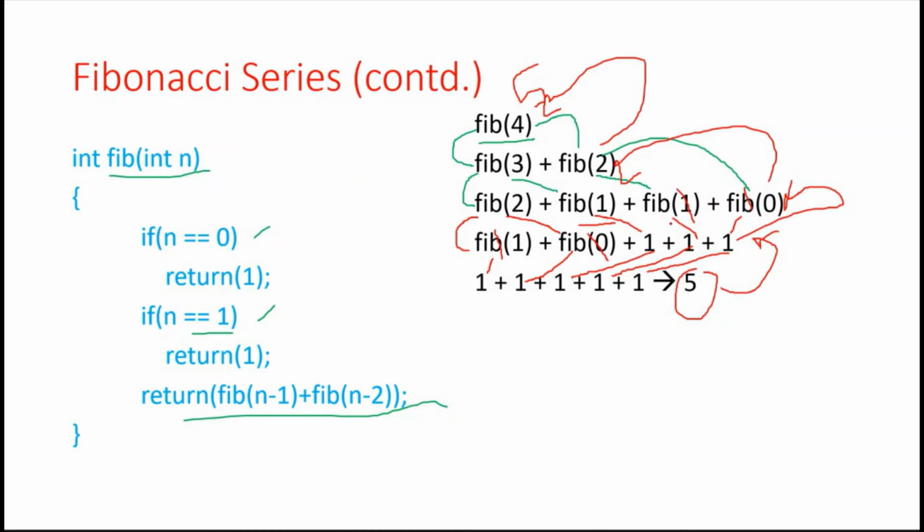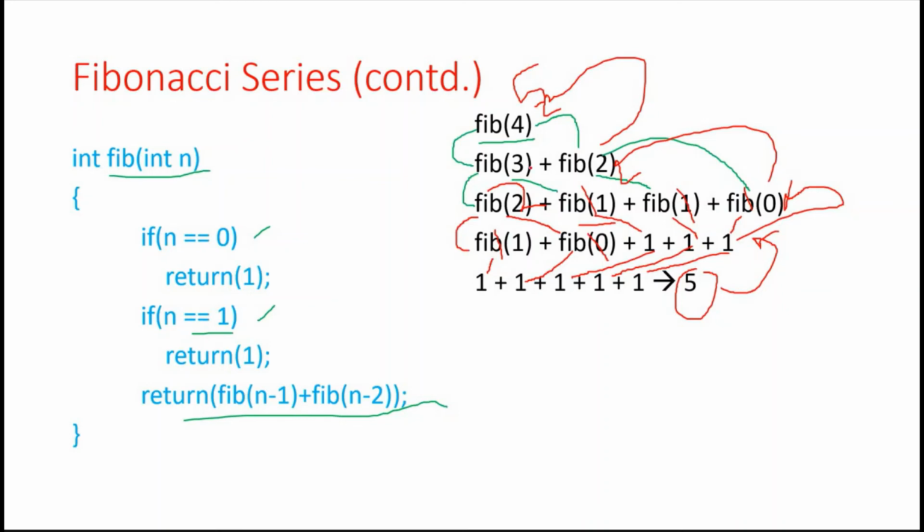Here in Fibonacci 2 it will return this one and this one, meaning 1 plus 1, that is 2. In Fibonacci 2 we will have the value of 2, and in Fibonacci 1 we will have the value of 1, and Fibonacci 1 will have the value of 1, and Fibonacci 0 will have 1.